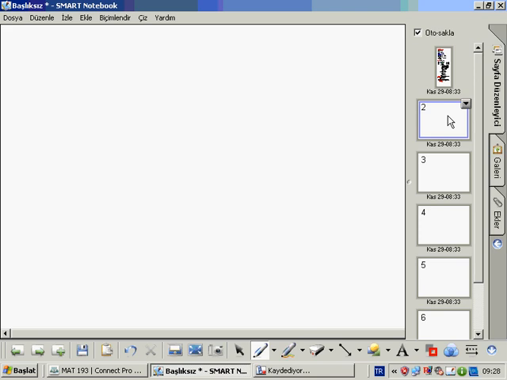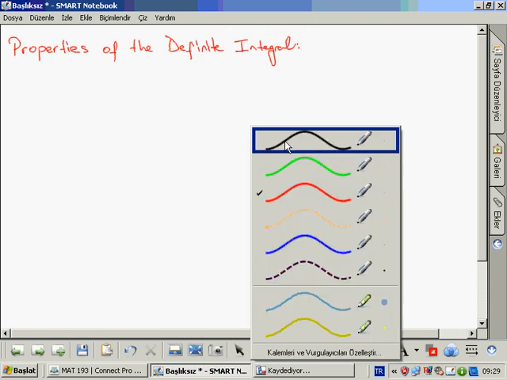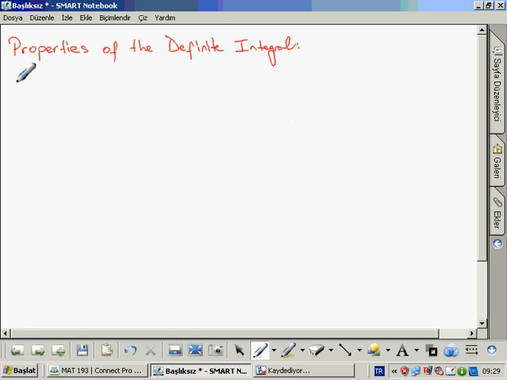And let me give you properties of the definite integral. The integral from a to a of f of x dx equals 0.